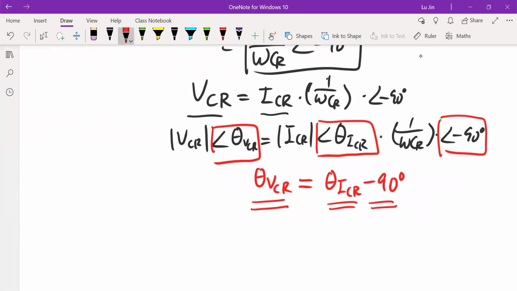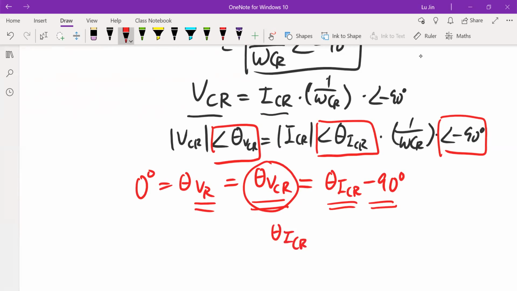But in this particular question, the angle of the capacitor voltage V_CR is the same as the angle of V_R, and this V_R is the reference, so this angle is 0 degrees. That means the theta of I_CR is equal to 90 degrees.